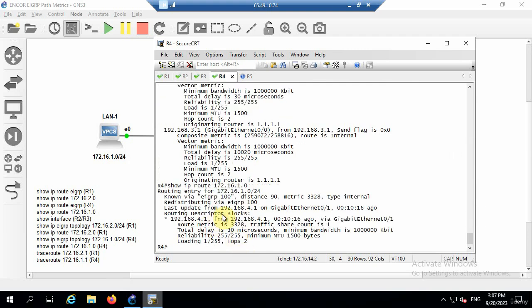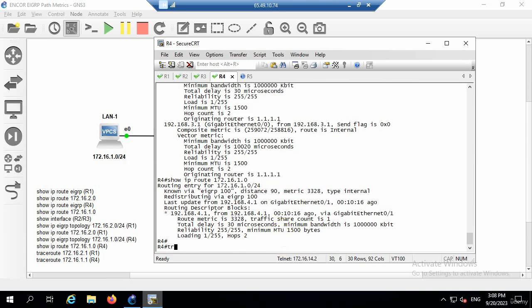And a single route descriptor block. So it's taking 192.168.4.1. Great. And it gives the delay, bandwidth, and other metrics. So that's working fine. Now I'll just do a traceroute.